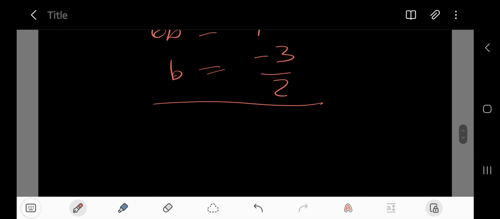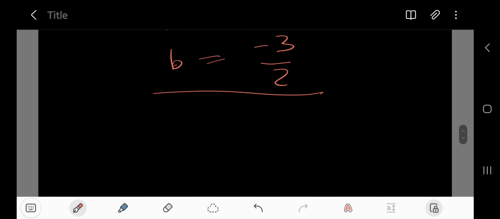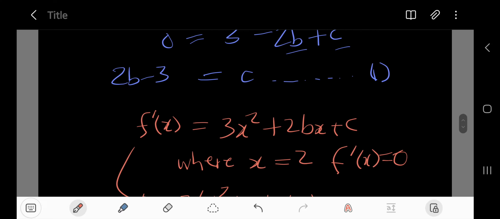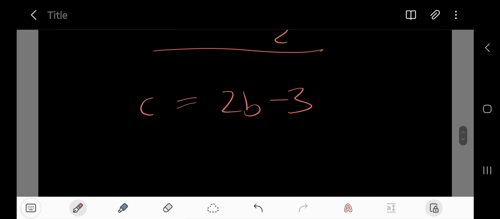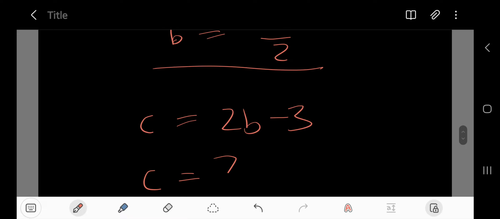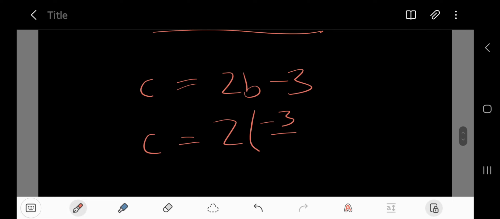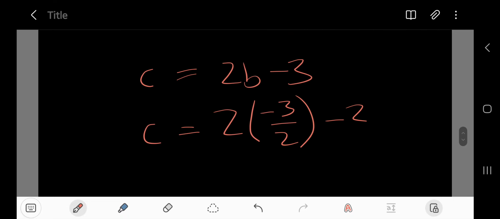We've got the value of b, but now we're looking for the value of c. Remember we've written c is equal to 2b minus 3, which is equation 1. Let's just make sure. Yes, this is the one. So now that we have b, c is equal to 2 times negative 3 over 2 minus 3.